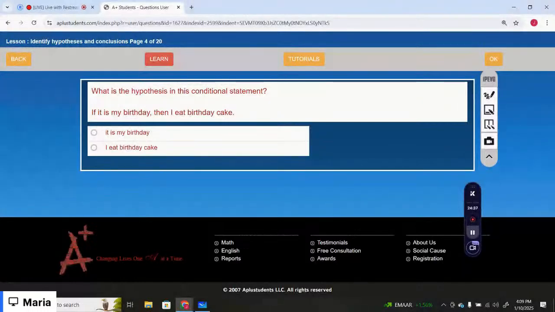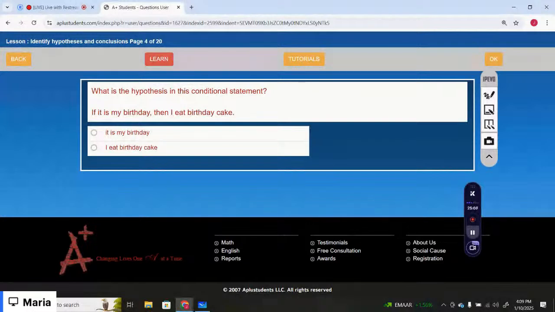What is the hypothesis in this conditional statement? So, which is the correct option? If it is my birthday, then I eat birthday cake.